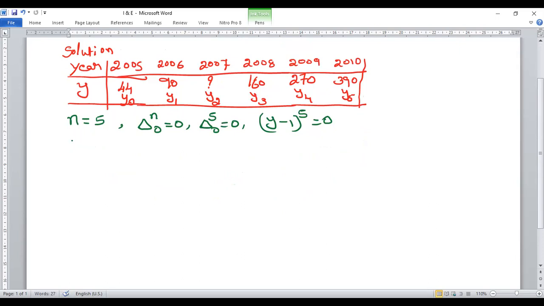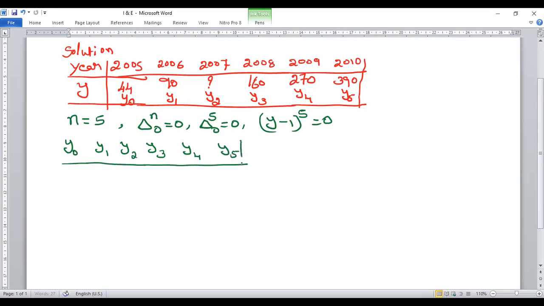Better, here I am explaining the combination method. So write it down: y0, y1, y2, y3, y4 and y5 are the values. In this problem, since there are up to 5 known values, we take y0 to y5.